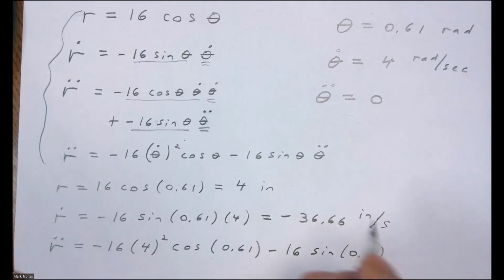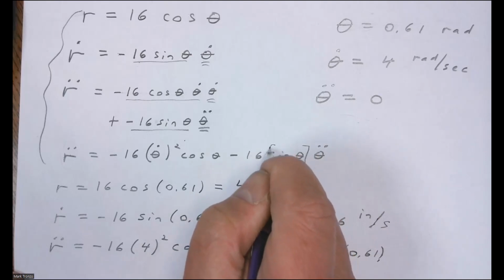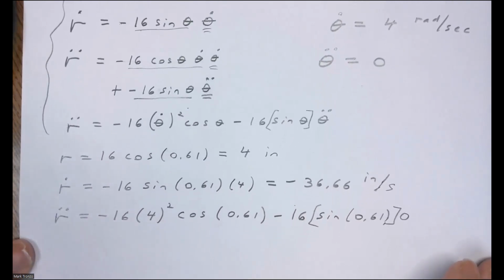But that whole thing up here, remember, is kind of all separate; that's all times 0. So this term is just going to be 0. And we put this into our calculator, we get like 209.8 inches per second squared.